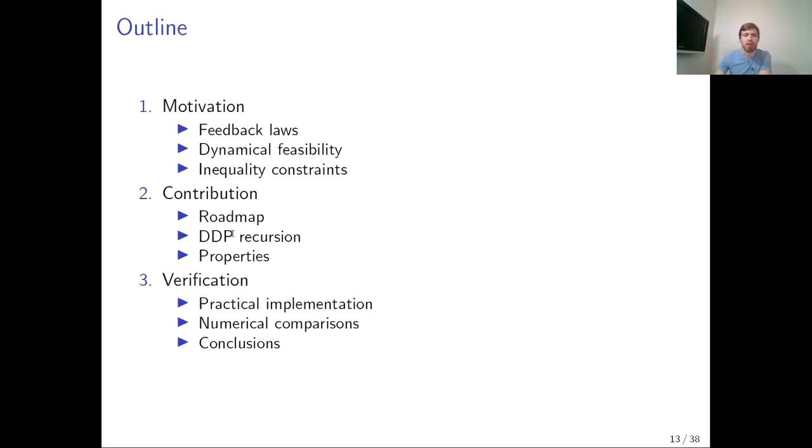We will see how to solve the DDP recursion arising in our method and discuss some of the properties of the algorithm. And in the final section, we will consider practical implementation of the proposed method. We will compare the proposed method with other available algorithms and provide conclusions and outline the future work.